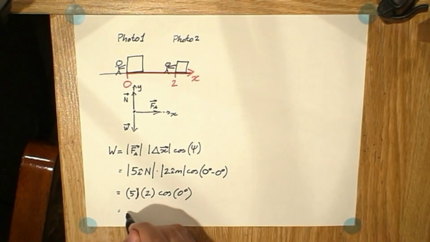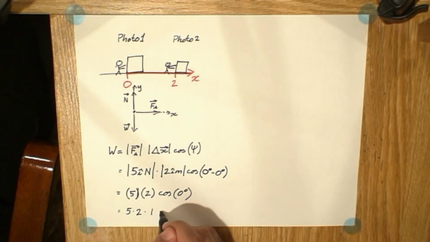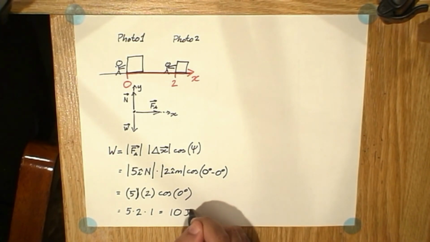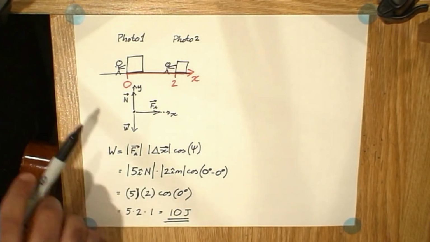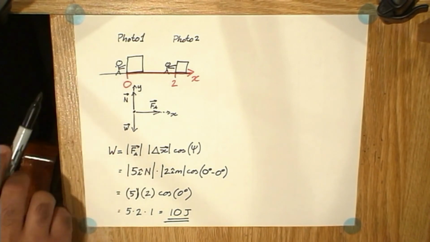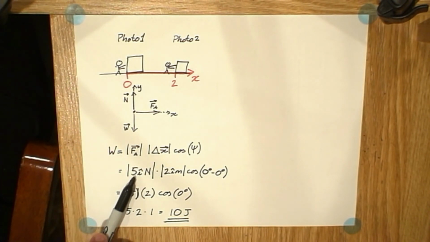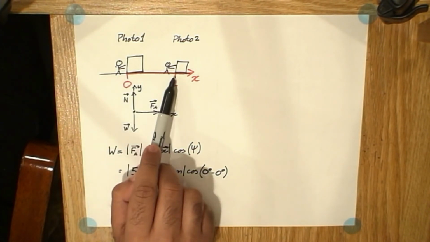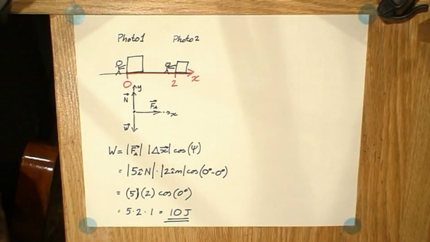So the work is going to be 5 times 2 times 1, which all works out to 10 joules. So this is the quantity of work that you did in pushing this object with a force of 5 newtons over a displacement of 2 meters.